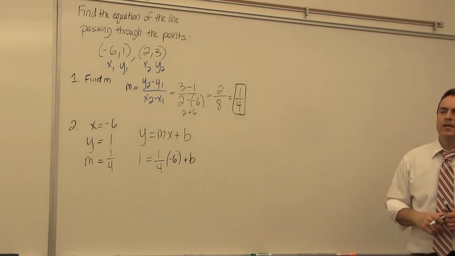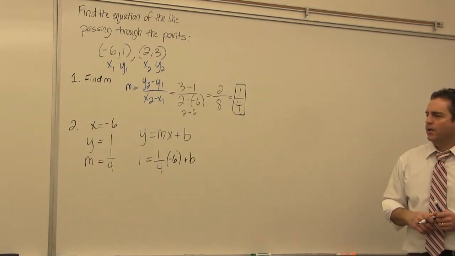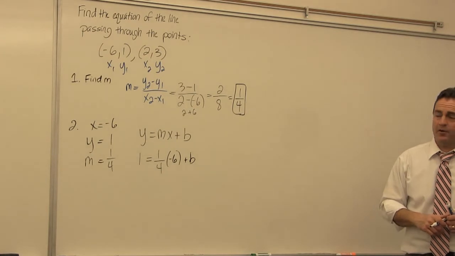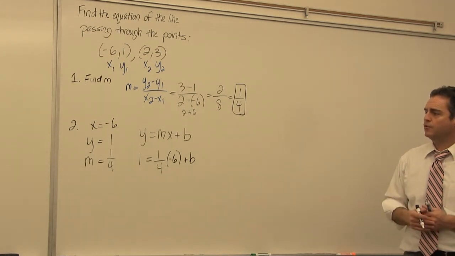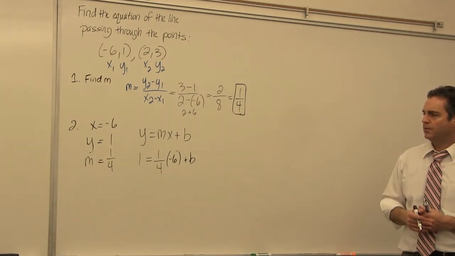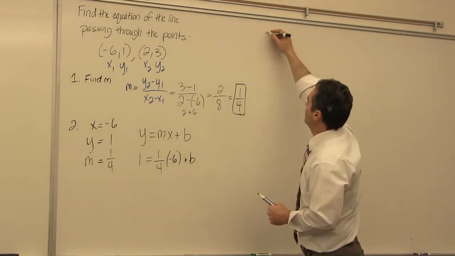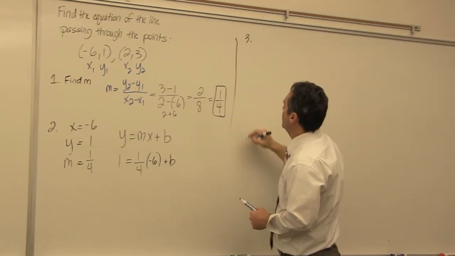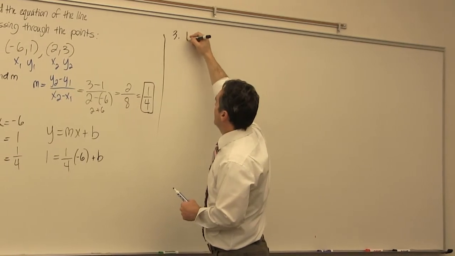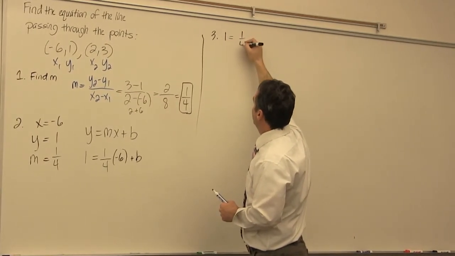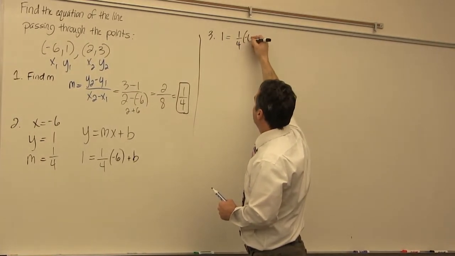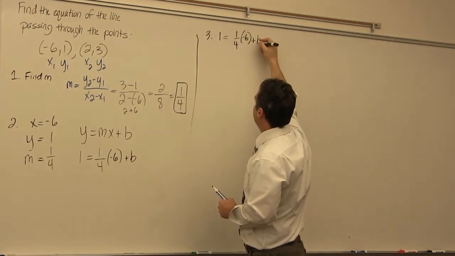So we now have an equation where b is our lone variable, and our step 3 is to solve for b. Let's go ahead and write this step 3 up here. And we have 1 equals 1/4 times negative 6 plus b.